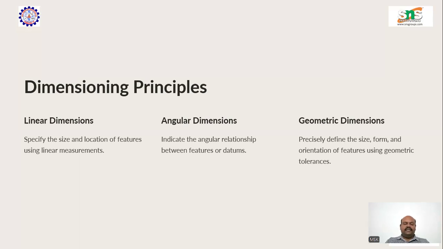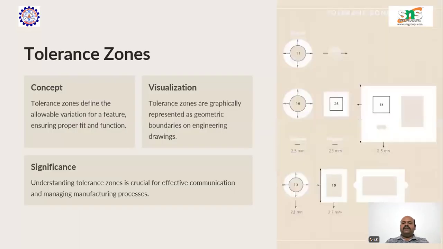We call that an angular reference. And we have something called the tolerance zone. The tolerance zone is to ensure proper fit and function. In visualization, the tolerance zone marks the geometric boundaries on engineering drawings. Its importance is effective communication for the production engineer who is going to manufacture this part on the machine.